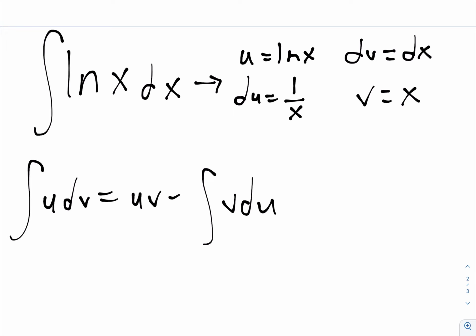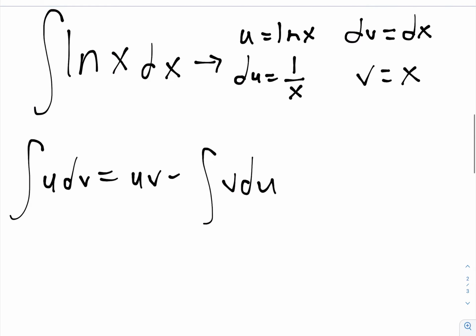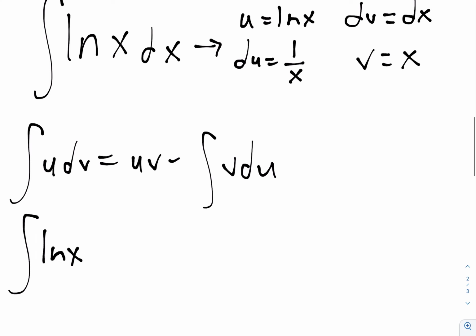It was kind of cringy, but that's honestly how I remember it sometimes. So just remember this formula here. It's not too hard to remember because this uv, you don't have to worry about any integrals or anything, so that's always nice. But we're going to set this up and just plug it in. The nice thing about integration by parts is that it really is a formula, right? It doesn't change. So as long as you know your u and dv, you're going to be all good.